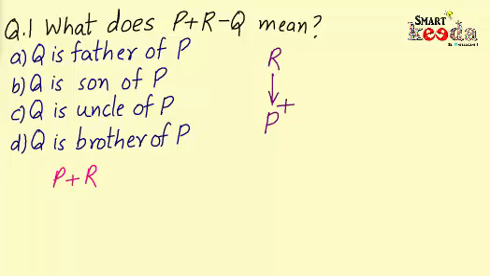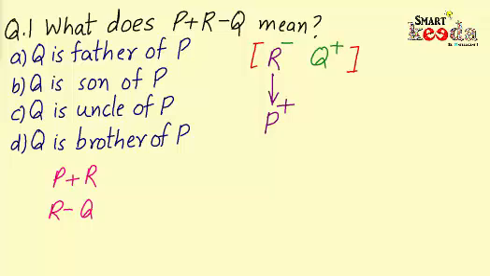Next we will take R minus Q, and we know that A minus B means A is the wife of B, so R minus Q would mean R is the wife of Q. And if R is the wife, then we will put a minus sign above R as she is female. And Q, who is the husband of R, gets a plus sign above. Now we will put R and Q in square brackets as they are a married couple. And this is the relationship tree.